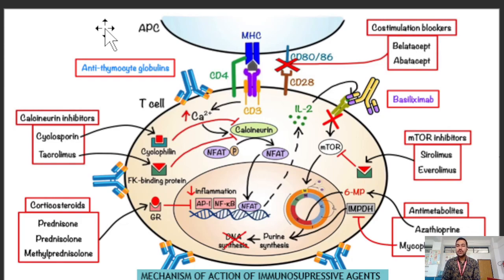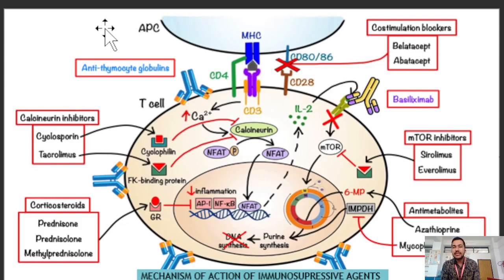Now the thing is why? When the antigen presenting cell carries specific information regarding the specific antigen, the T cell can release specific inflammatory mediators in response to it.